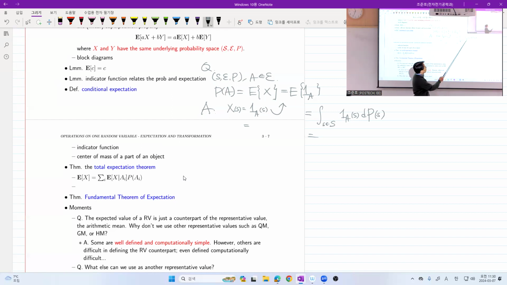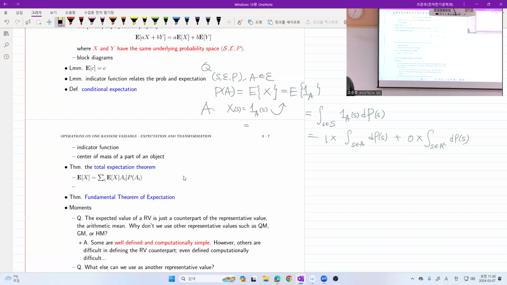So what? You have 1 times the probability of S in A, plus 0 times the probability of S not in A. And whatever this is, it is 0, right? So the second term is 0.